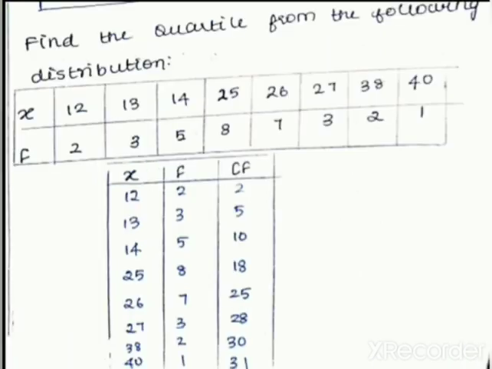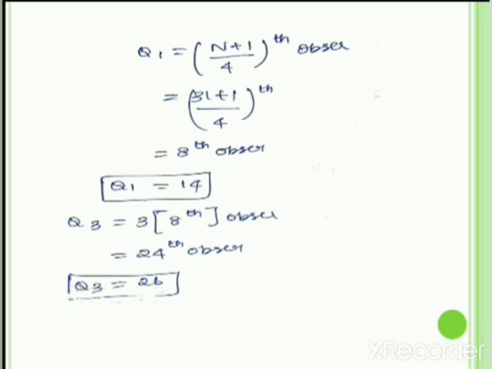How will you find the 8th observation? In the cumulative frequency, you have to check which value exceeds 8, which is more than 8. The third cumulative frequency is 10, which is more than 8. So we choose that, and the corresponding x value is 14. So our first quartile is equal to 14.